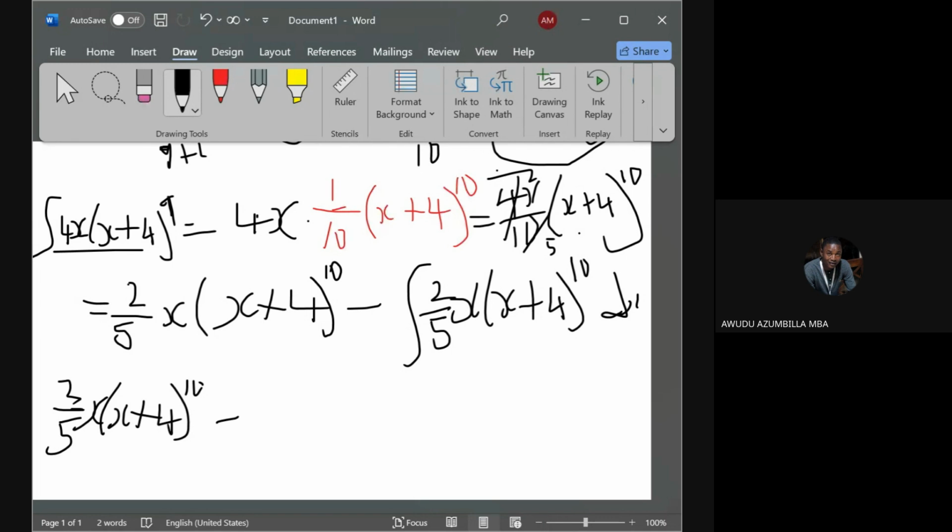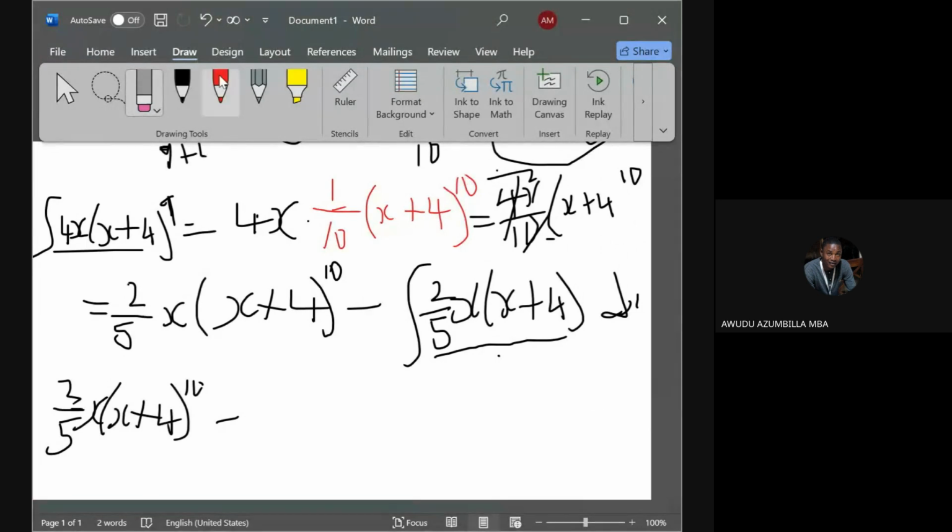So you add 1 to the exponent, and then you divide the whole function by 10 plus 1, that is 11.